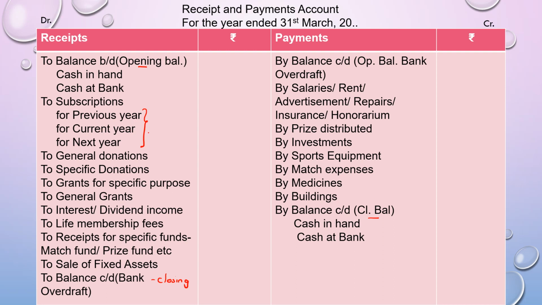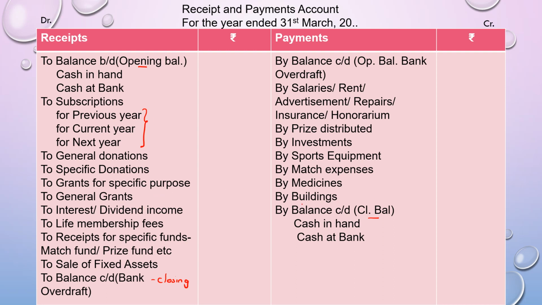The members have paid for the current year, and some of the members might have paid for next year in advance in the current year. So all these have been received during the year. So all those amounts will come into the receipt and payment account because they have been received during the year. So here there is no separation as to whether it's related to the current year, previous year, or next year. What has been received is getting recorded.